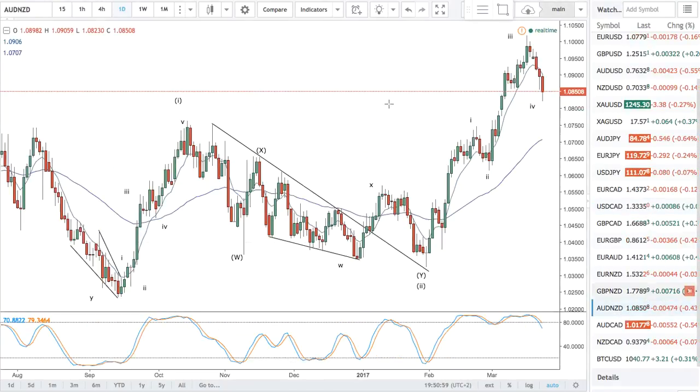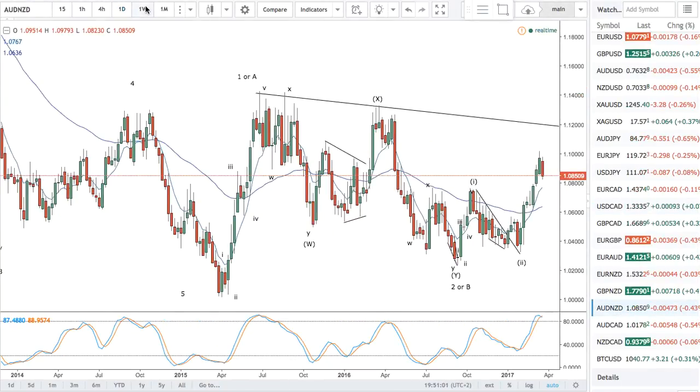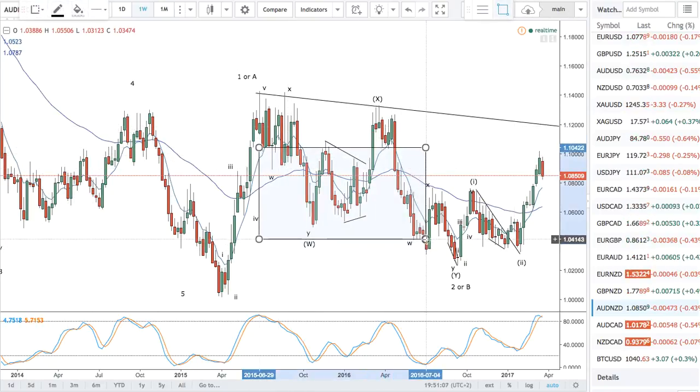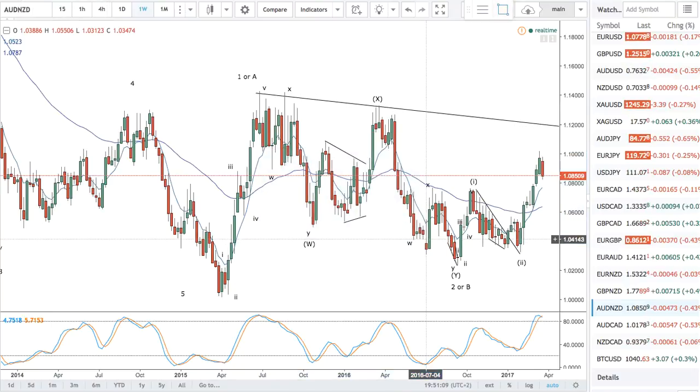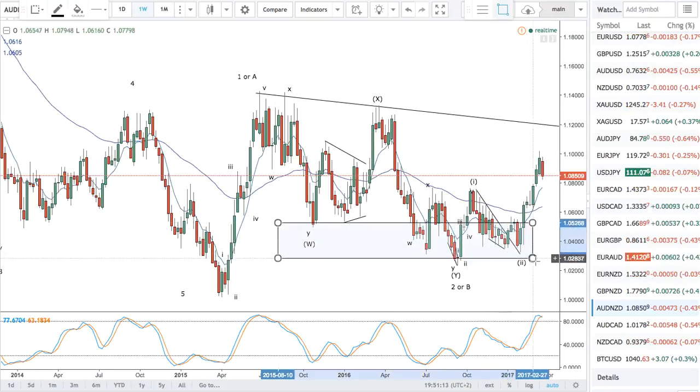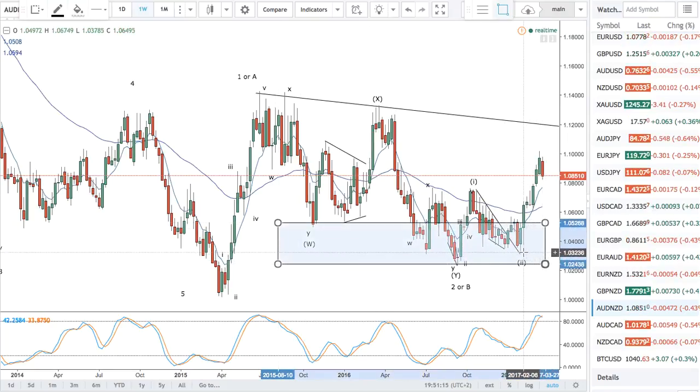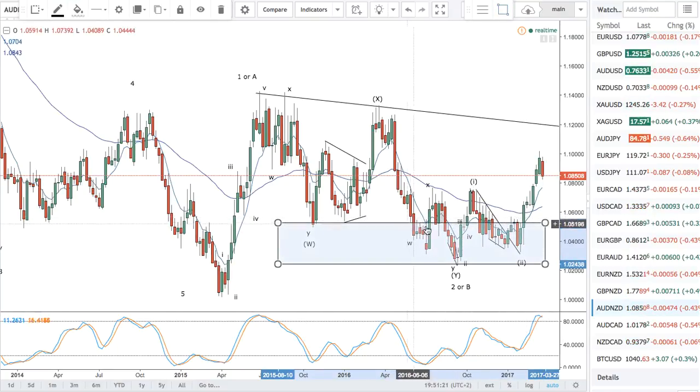Now, to use Aussie New Zealand as an example, I had only one count here. Where you have multiple counts is in this region. When price came down to here, as I started the video, I think I started making these videos around here, I had only bullish counts. You can go back and see if you want to, but when price comes down to here, there's only one count.